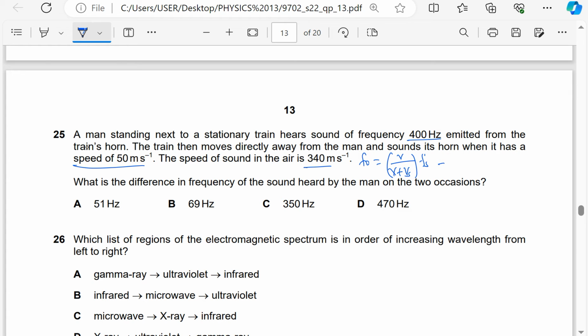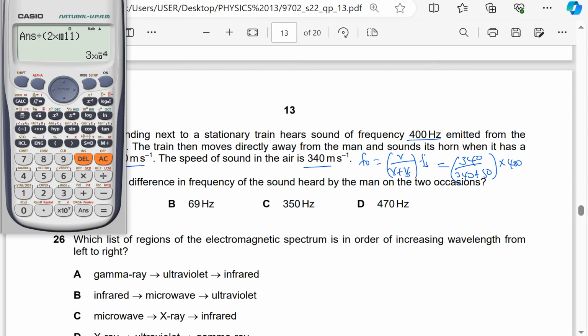This is going to be equal to 340 divided by 340 plus 50. Then I multiply this by 400. So 340 times 400 divided by 340 plus 50.